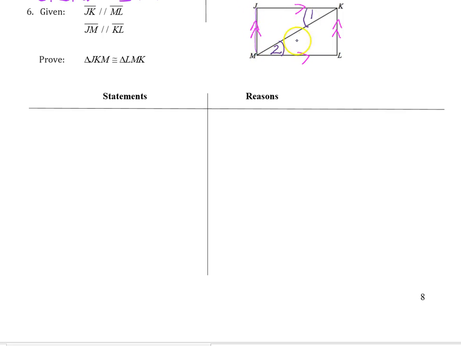On JM and KL being parallel, focus on that transversal again, I'm going to see that this angle I'll call 3 will be congruent to this angle I'll call 4, because those are also alternate interior angles. So I have two angles congruent within these two triangles. I also have a shared side that is MK. So I have these two triangles congruent by angle, side, angle.